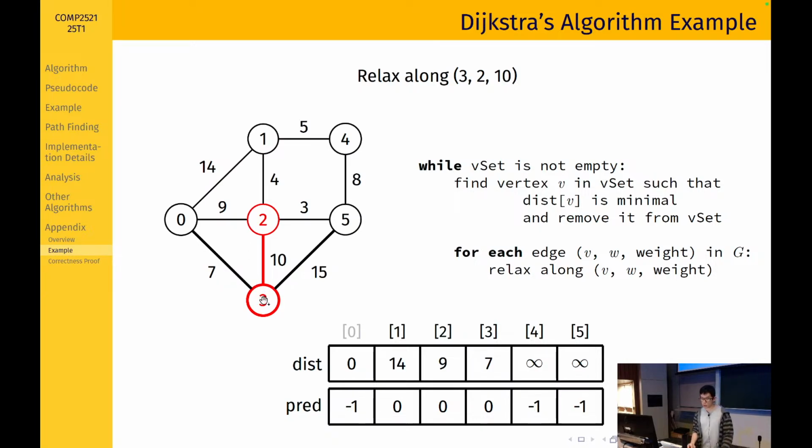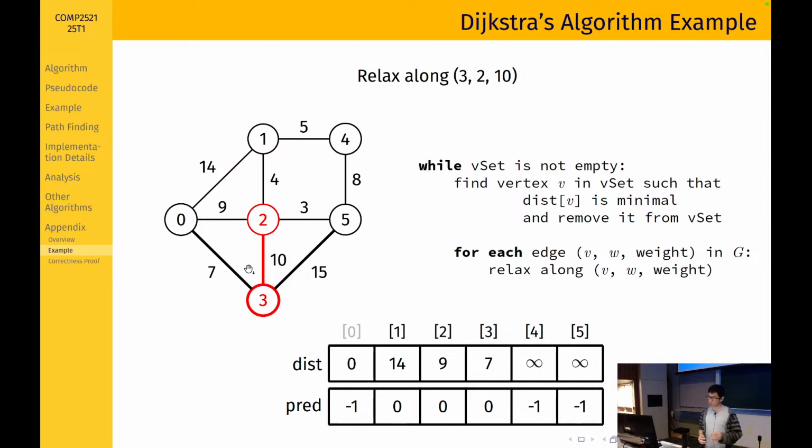When we relax along 3, 2, we're essentially asking, is this new path that we've discovered to 2 shorter than the existing path? The existing path from 0 to 2 costs 9, and the new path would cost 17, because it's the distance from 0 to 3, which is 7, plus 10, which is 17.